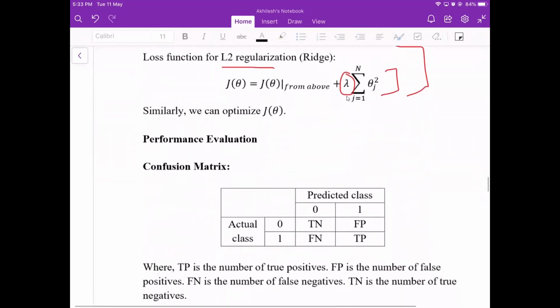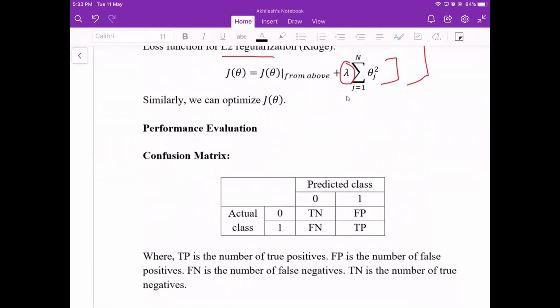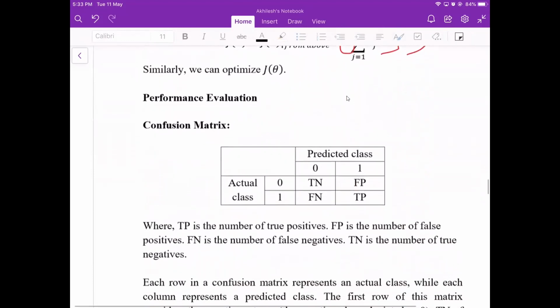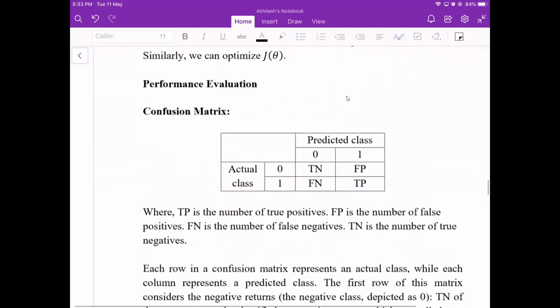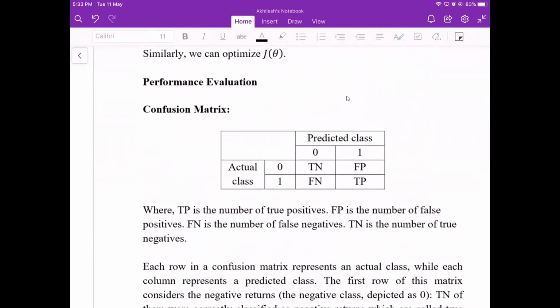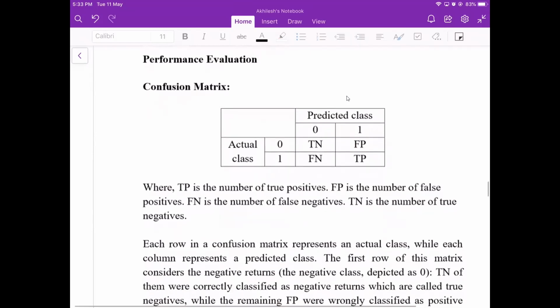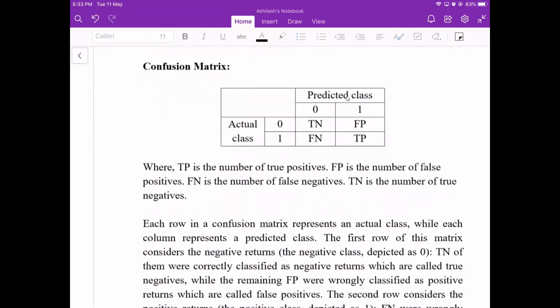Okay, and furthermore, how are we going to evaluate the performance of the classification model? Because logistic regression is a classification model, but at the end we have to evaluate the performance of the model. So the first important one is the classic confusion matrix.